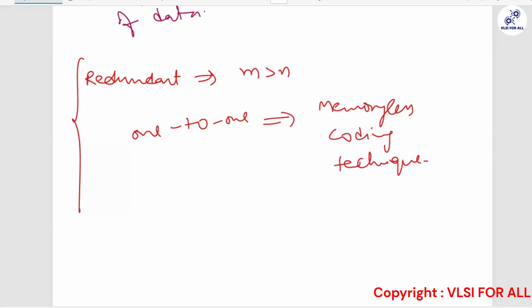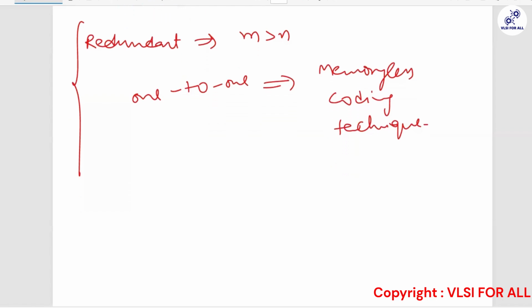Okay, now we'll see bus inversion code. What is bus inversion coding? What happens in bus inversion coding is this is again a redundant scheme. Redundant coding means that our m will be greater than n. Now we are using this technique for another set of data.